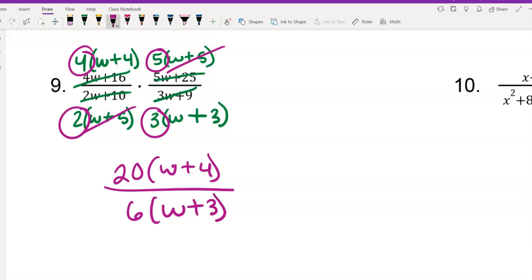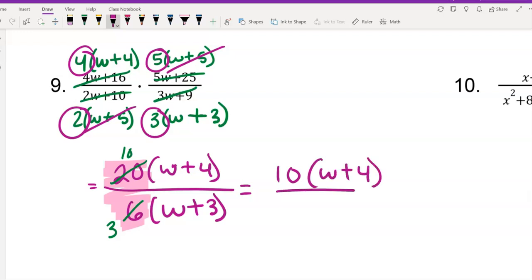Now we're not actually done here yet. This coefficient, 20 divided by 6, that fraction can be simplified. 20 and 6 are both divisible by 2. So 20 divided by 2 is 10, and 6 divided by 2 is 3. Our final answer here is 10 times W plus 4 over 3 times W plus 3.